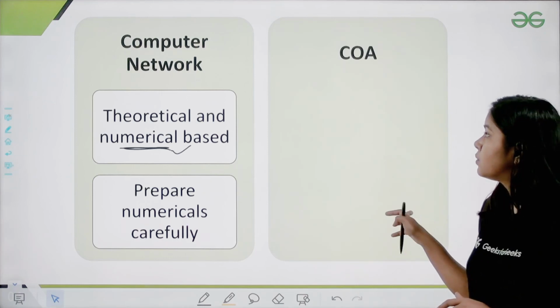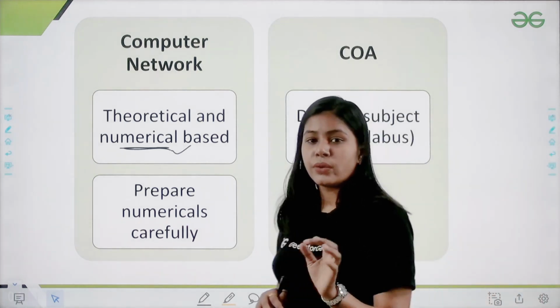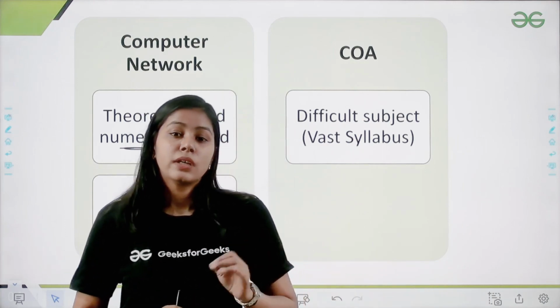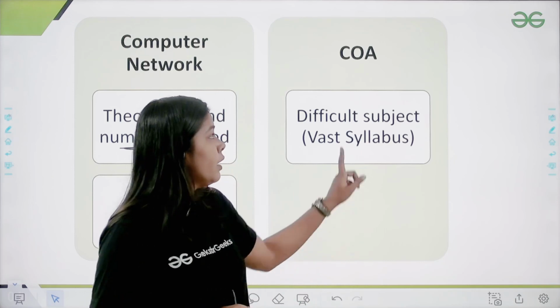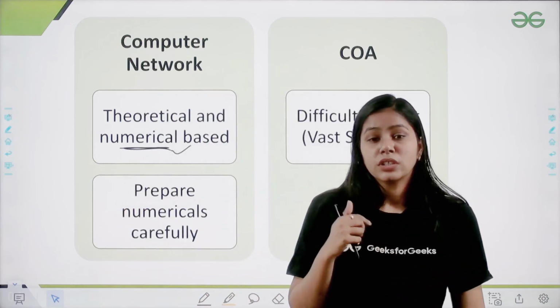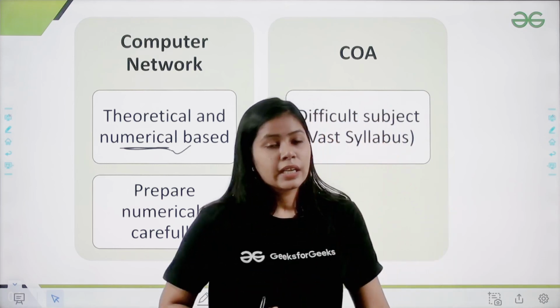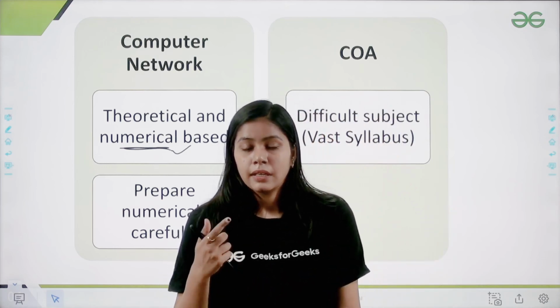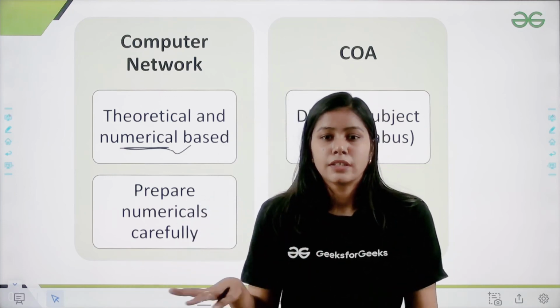Okay, the next subject we have is COA. So basically COA is a difficult subject and has a vast syllabus, but you are not going to leave this subject. There may be a possibility that an easy question comes from COA in the GATE exam, and then it will be difficult for you to get a lead over all other students, right?